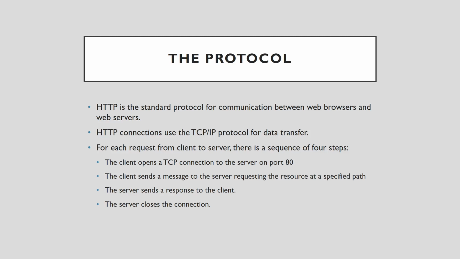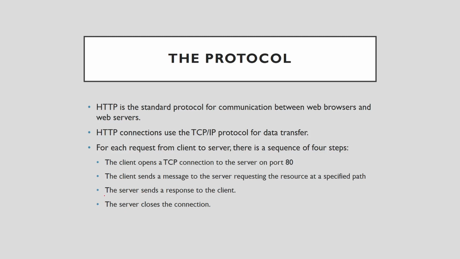The client sends a message to the server requesting the resource at a specified path, which is step number 2. The request includes a header and optionally a blank line followed by data for the request, depending on the nature of the request.